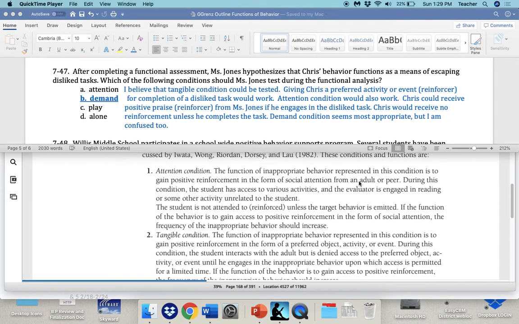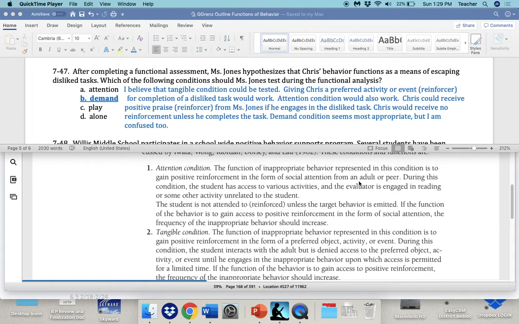So I was getting excited because I thought, oh, okay, now I can start to figure out that my students that don't like math, the reason that they want to escape a disliked task is, well, I don't necessarily know the reason, but knowing that they're wanting to escape would mean that I could maybe make the task easier or give them a reinforcer like a tangible.